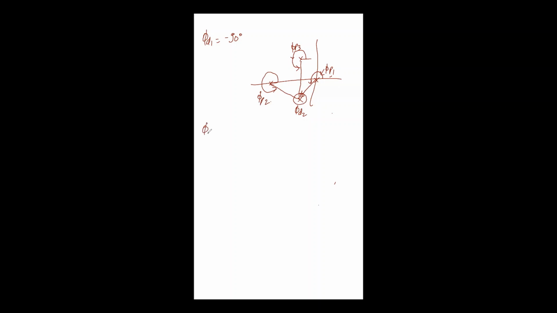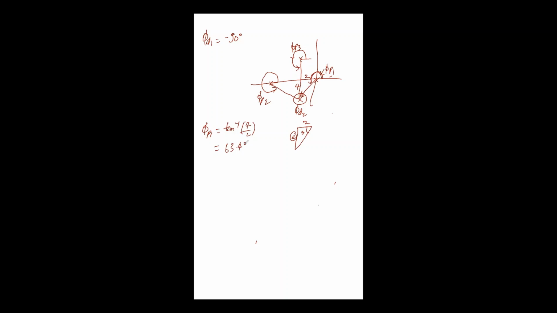Now, if you want to calculate phi p1, it is nothing but 180 degrees, and this is 2 and this is 4. If you draw it like this, you need to calculate this angle, which is tan inverse of opposite by base, equal to 63.4 degrees.